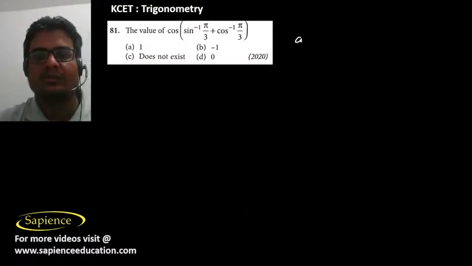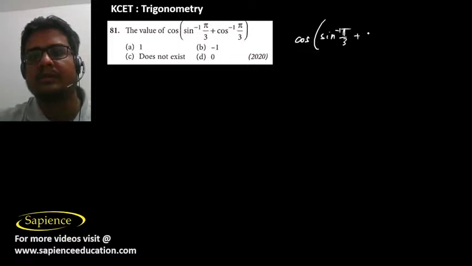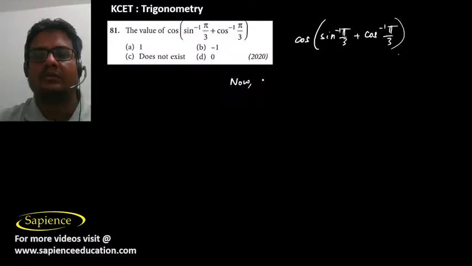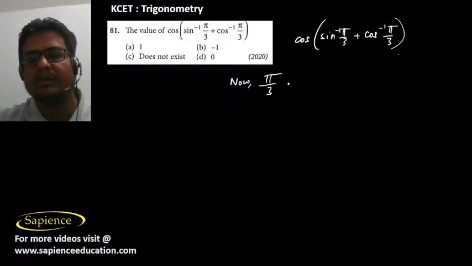Then here it is told to find cos of (sin⁻¹ π/3 + cos⁻¹ π/3). So now we know that π/3 is obviously greater than 1. Since the value of π is approximately 3.1416, which is more than 3.